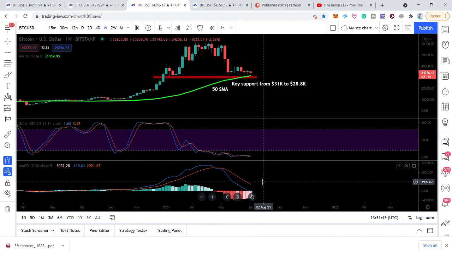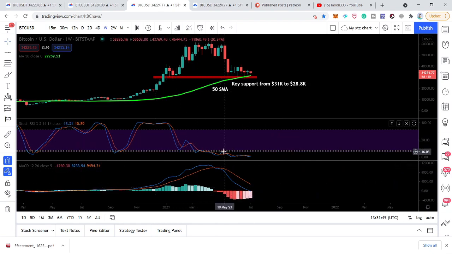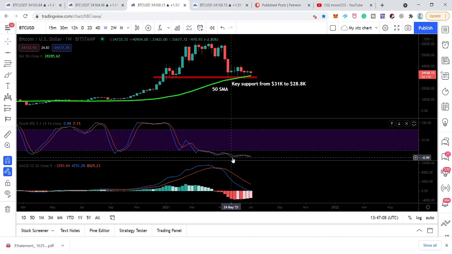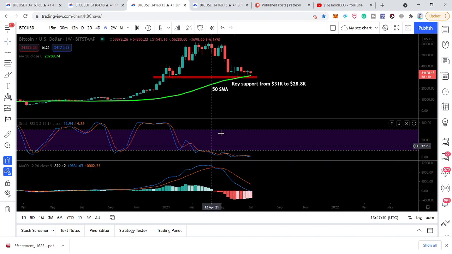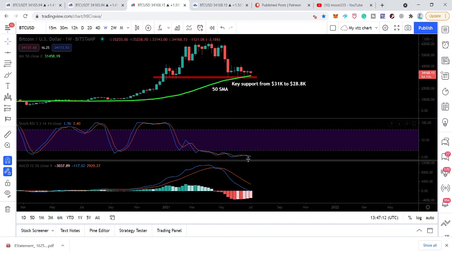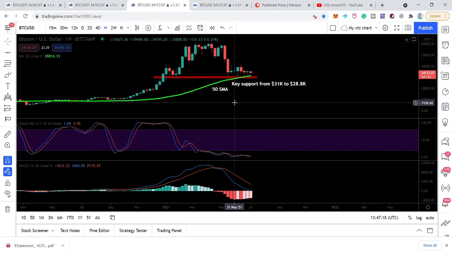So we can expect a rally to the upside from here. We are having bullish signals from the MACD, and this oversold condition of the stochastic also favors a rally towards the upside. In my opinion, once the stochastic RSI starts moving up from this oversold zone, it can lead to a long-term bullish rally, a continuation of the bull run.